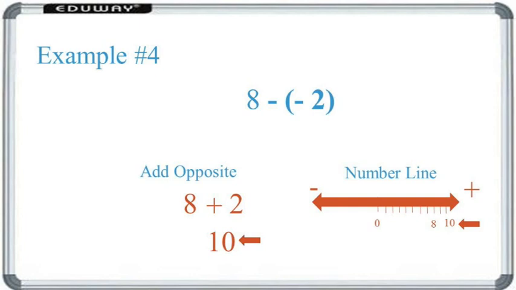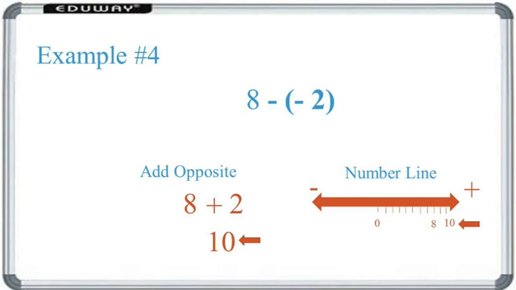You can think of the negative sign as saying change direction. We start off with subtract, which means we are going to go this way, but then it's like, oh no, we are going to reverse that. So we go back this way: 9, 10. We end at 10, so we get the same answer, a positive 10.